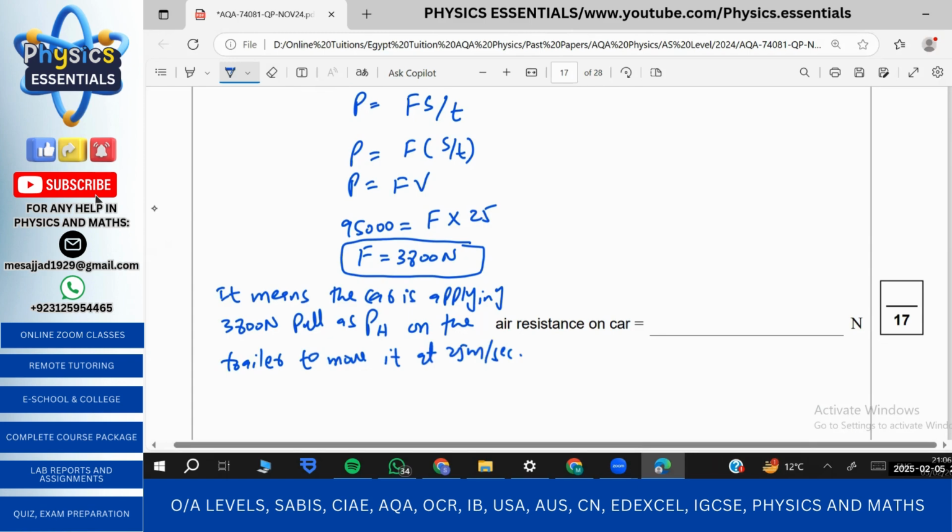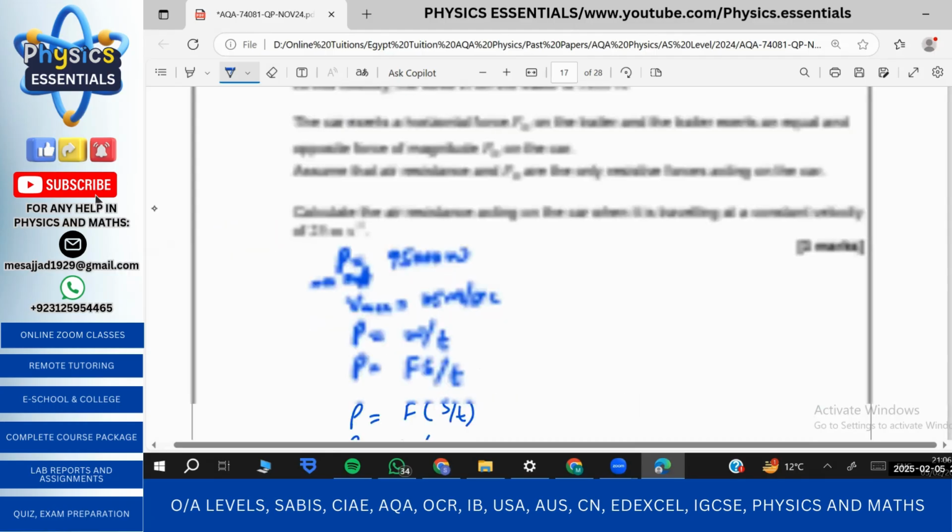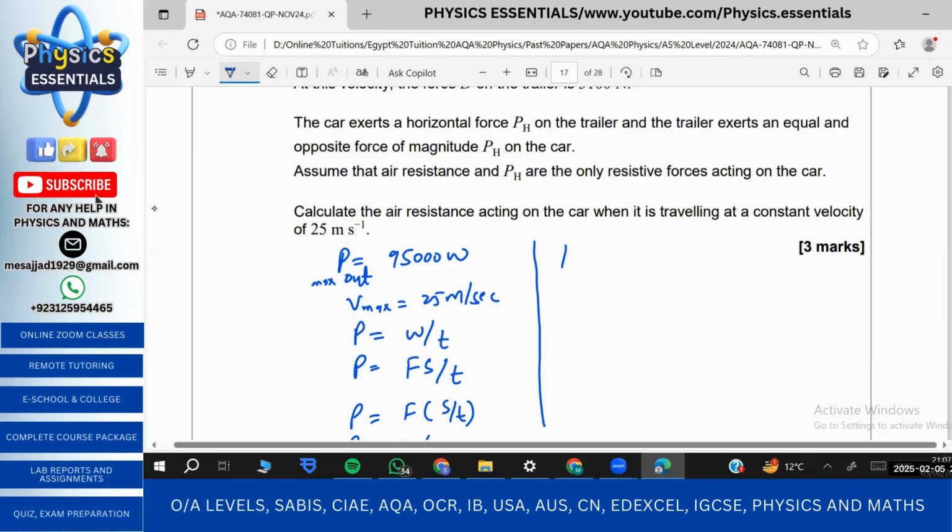Now that is an accelerating force, right? Now what about decelerating forces? The decelerating forces are, first of all, drag, which is 3,100 newtons, and the other one is air resistance. This is what we need to find, right?